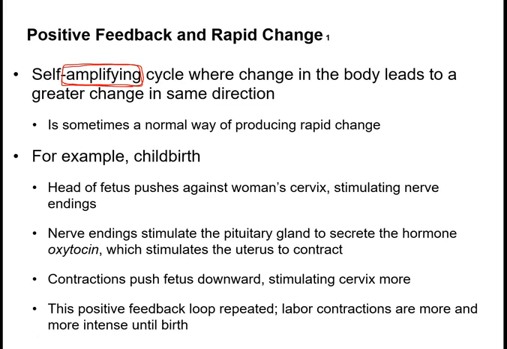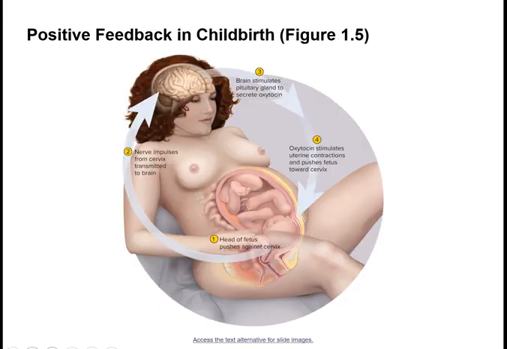The hormone oxytocin is then going to make the uterus where the baby is being held begin to contract. The more the baby pushes lower, the more intense the contractions get, because you're continuing to give that signal over and over again. So that's why it's a positive feedback loop. Okay?